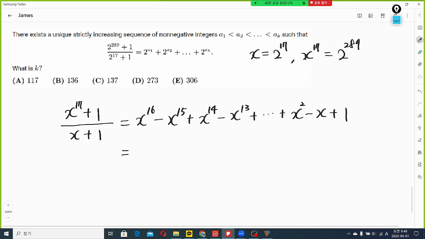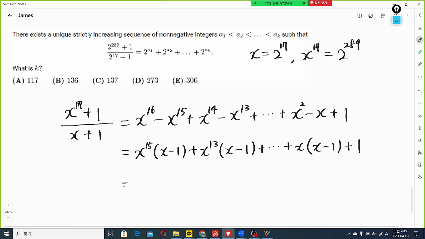So we can make the factoring for each pair. And so all pairs contain x minus 1, so we can factor using x minus 1.